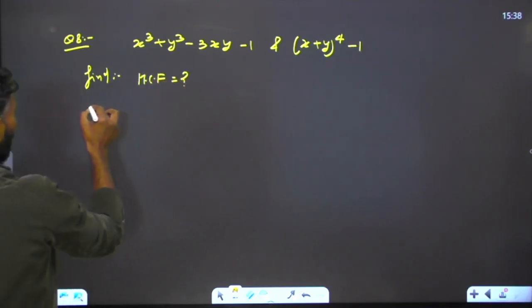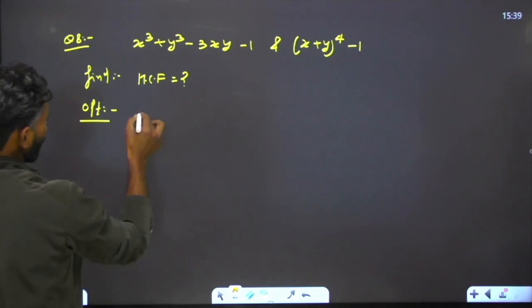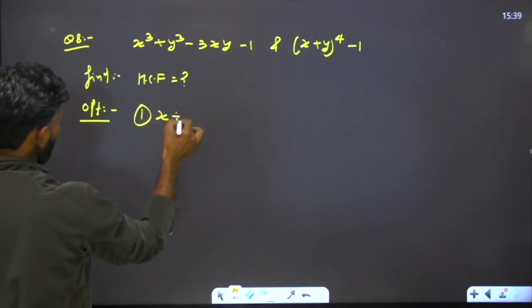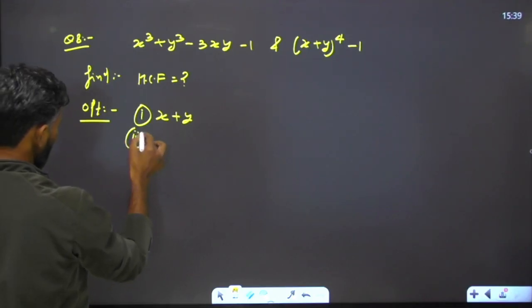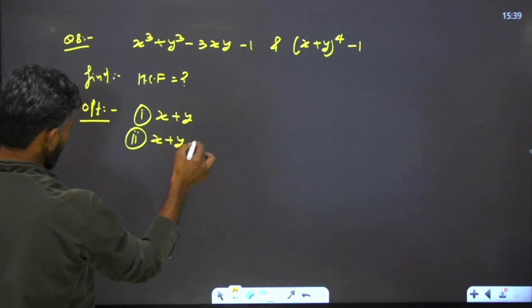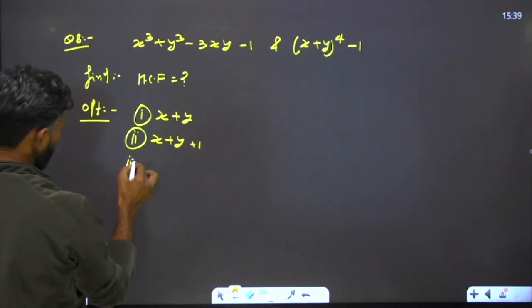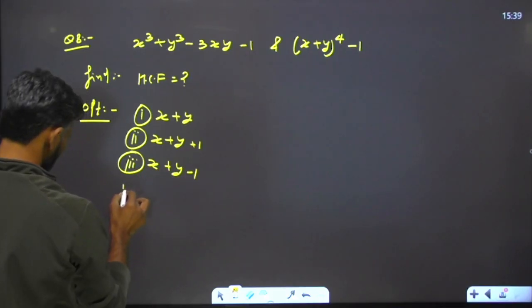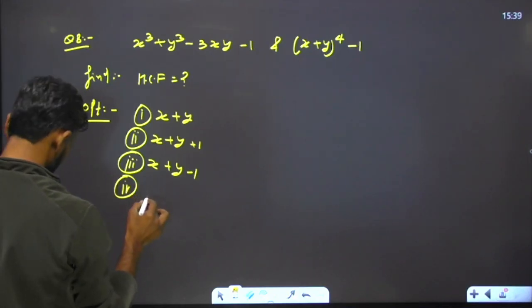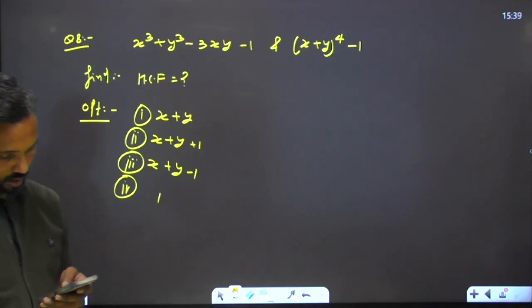The options are: first option, x plus y; second option, x plus y plus 1; third option, x plus y minus 1; and the fourth option is 1. These are the four options, and we just have to calculate the HCF of this.